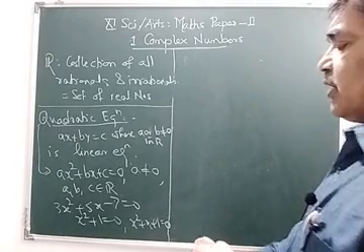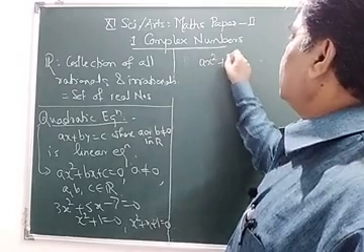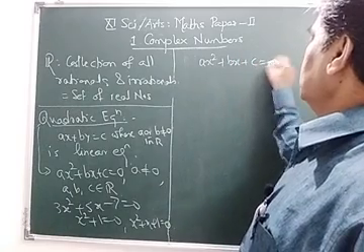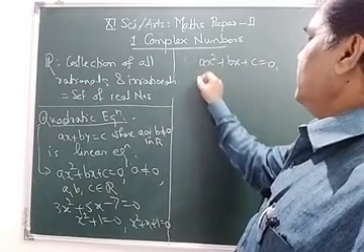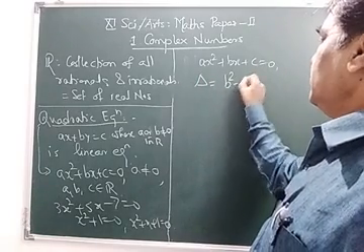Now, for the quadratic equation ax square plus bx plus c is equal to 0, you have defined the discriminant del is equal to b square minus 4ac.